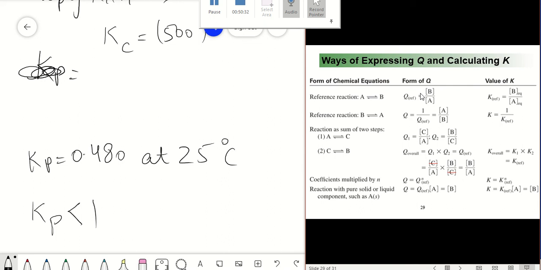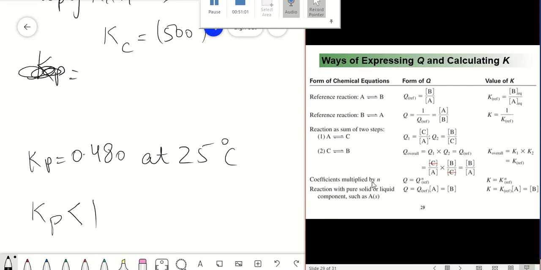How do you write the expression of Q for a given reaction? How do you write the expression for K? For instance, for A to B, K is given by K reference. If we reverse this reaction from B to A, K would be the reverse of the previous K value. Now this is a two-step reaction, A changing to C changing to B. K for the overall reaction is the multiplication of K for the first and K for the second.